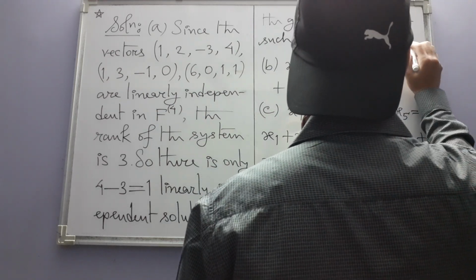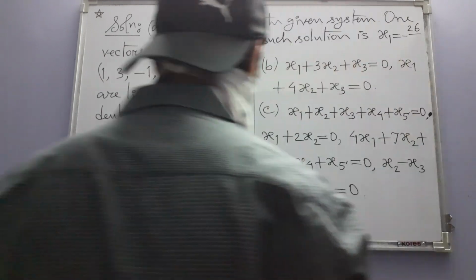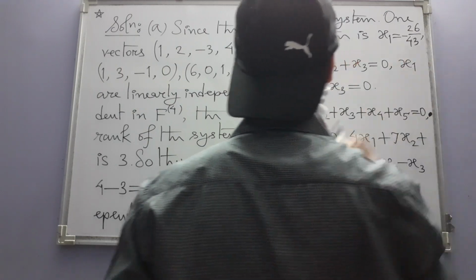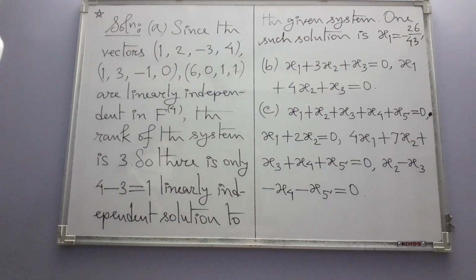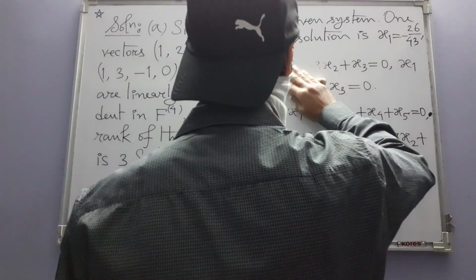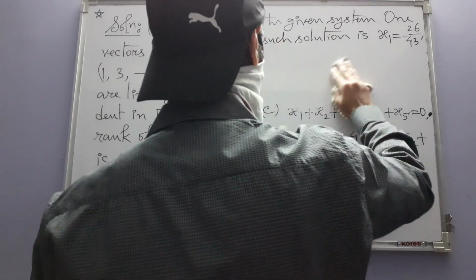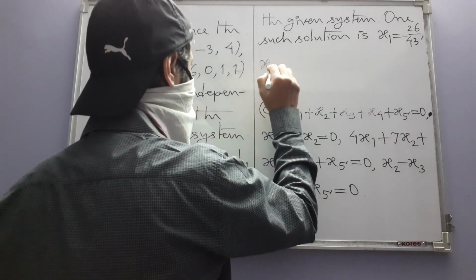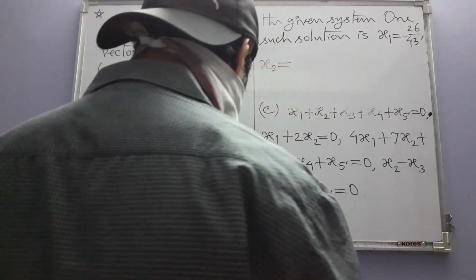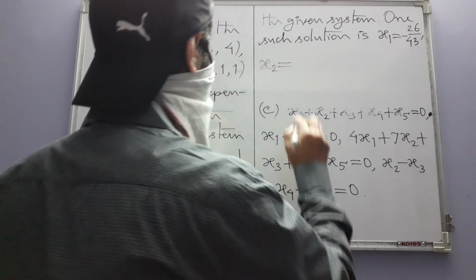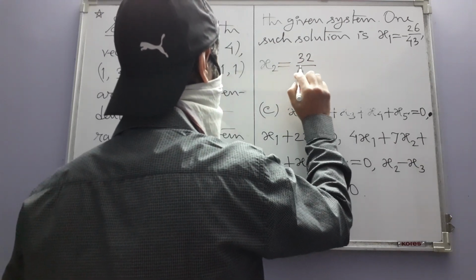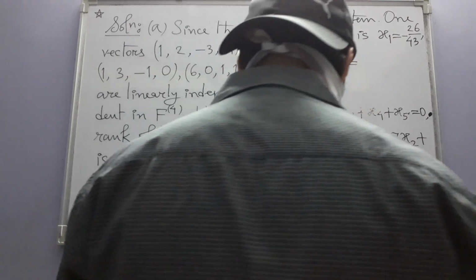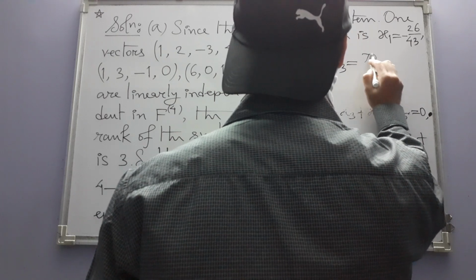Here the values look like this. x1 is minus 26 divided by 43. x2 has the value 32 divided by 43. x3 is 70 divided by 43.